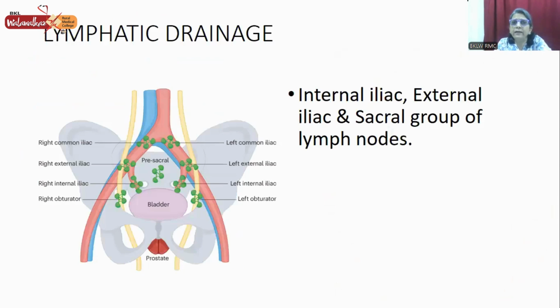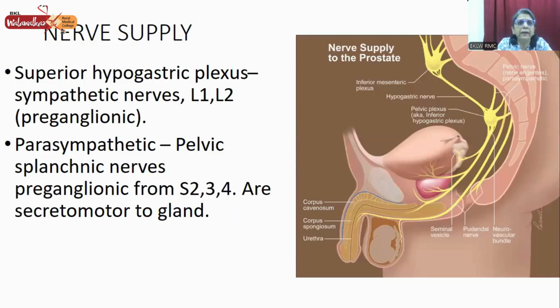Coming to the lymphatic drainage, the lymph is drained into the group of lymph nodes, that is the internal iliac, external iliac, and the sacral group of lymph nodes. Coming to the nerve supply, there is parasympathetic and sympathetic.